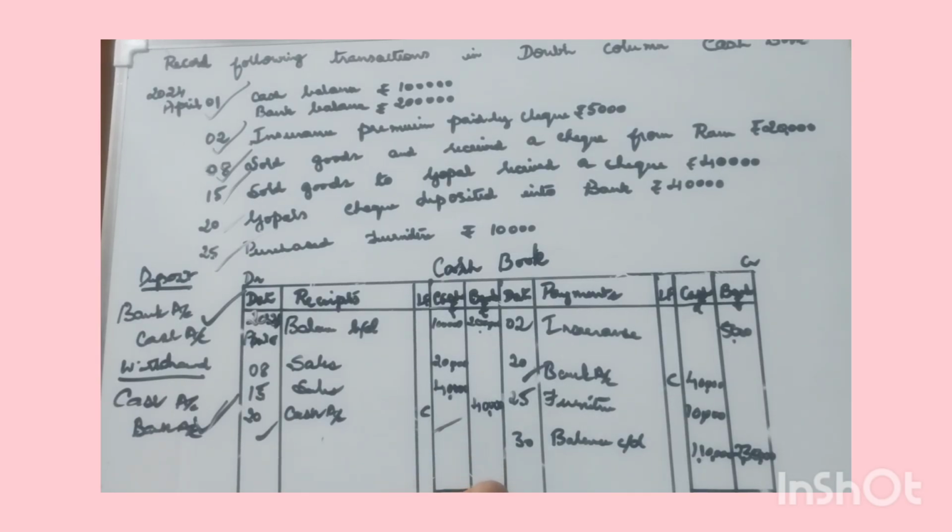So 1,10,000 and 2,35,000 are considered as opening balance for the next month. So that is May 1st. This is how you can prepare a double column cash book, and you need to find out the closing balance that has to be brought as opening balance to the next month.